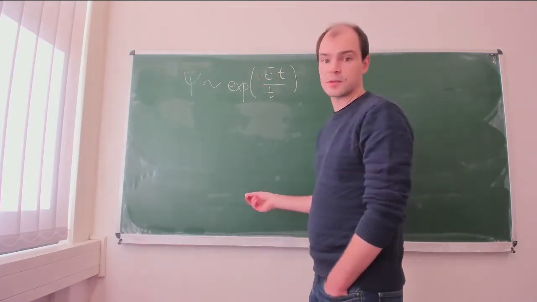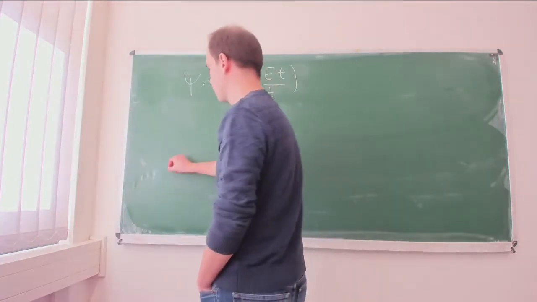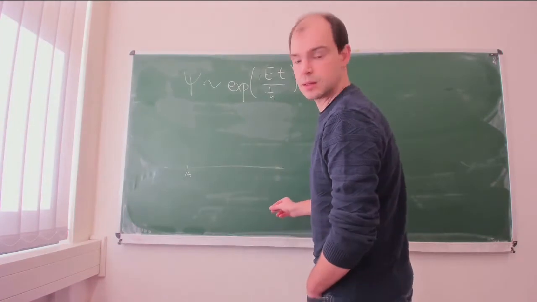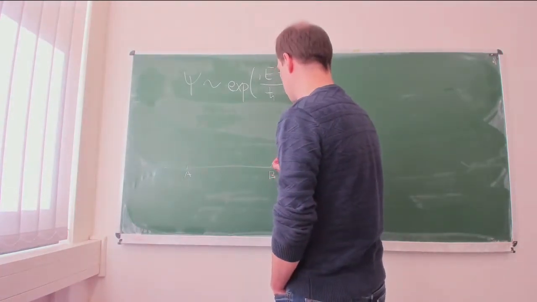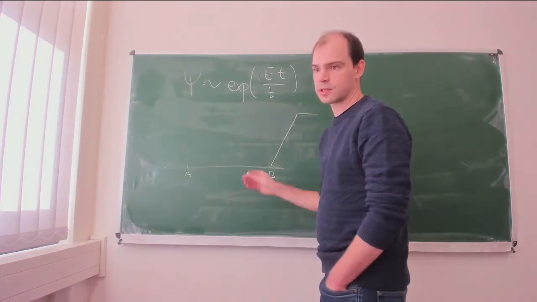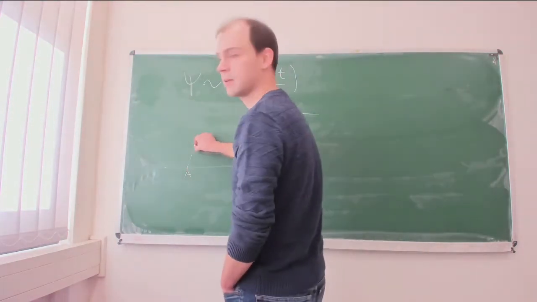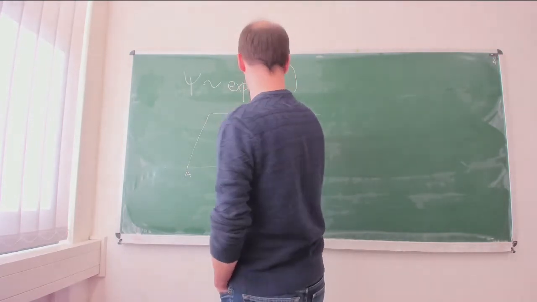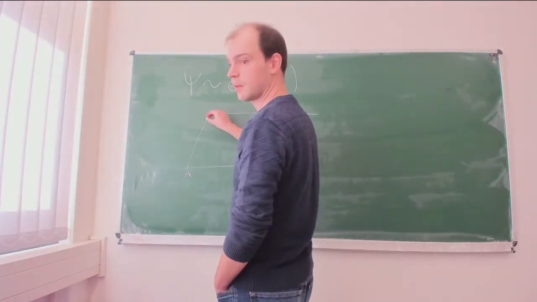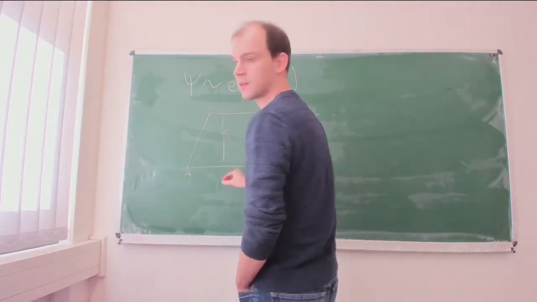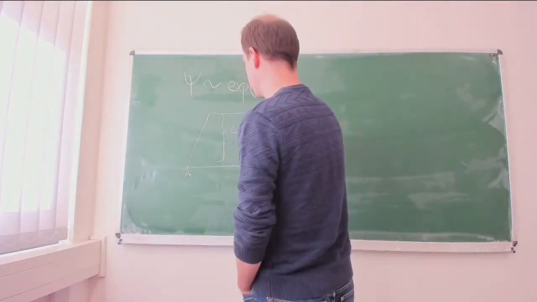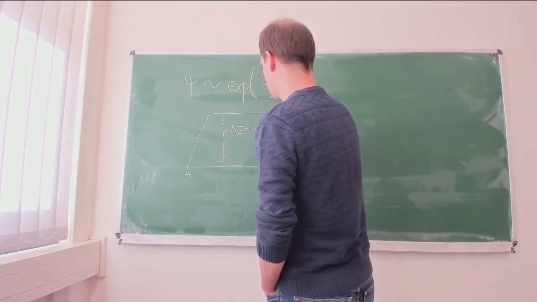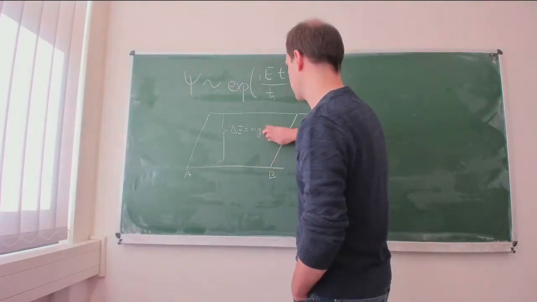So if we have the situation as in the COW experiment, we have the lower path here from A to B, and the neutron goes up, and alternatively we have the path where it already gets to a higher gravitational potential here. So then there is essentially a delta E here that is just m times g times delta z.